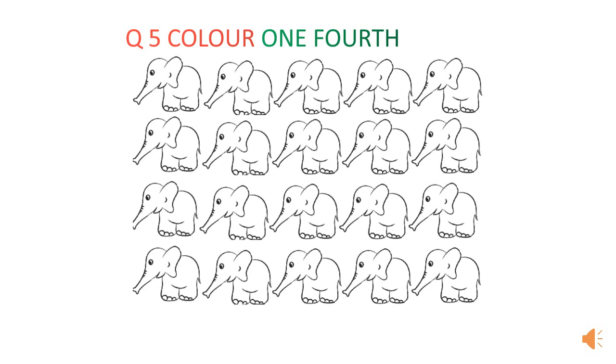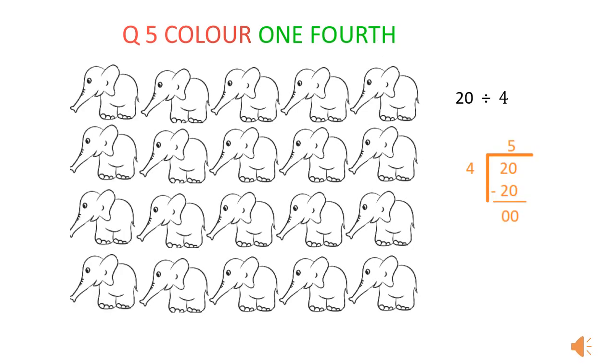Now check this figure. Color one fourth. Now I will count how many elephants are there altogether. In the first row how many are there? 5. And how many such rows can you see? 4 rows. It means 5 fours are 20 elephants in all.